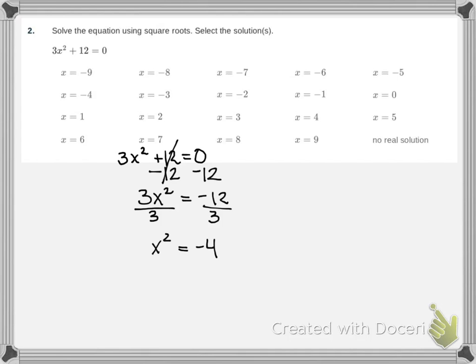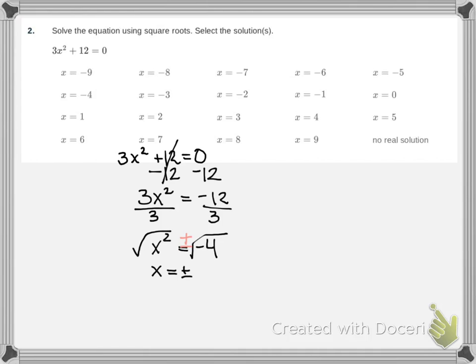The way you get the square root, you put the square root. Remember, when it's square root, you have to include plus or minus. And what that does is, on the left, it makes just x. Now, if you put the square root of negative 4 in your calculator, it gives you an error.